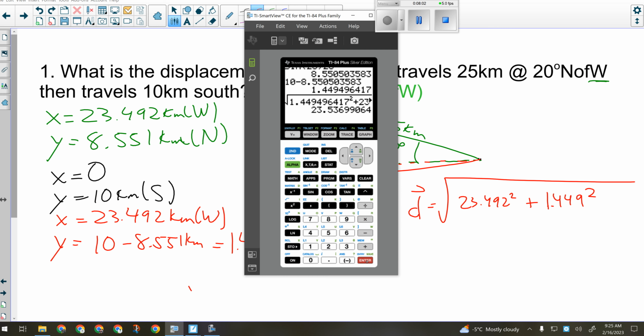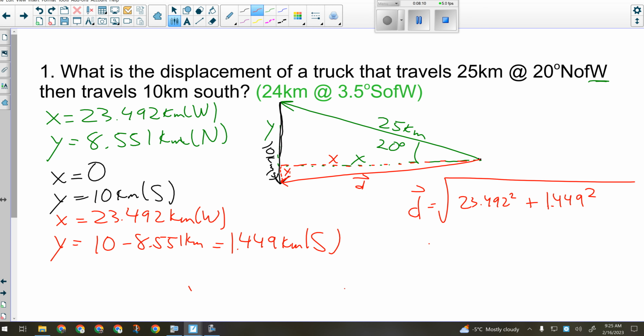All right, so my overall displacement is 23.537 kilometers. Okay. What else do I need to find? I need to find the angle, because displacement's a vector quantity. So, which angle do I want to find?